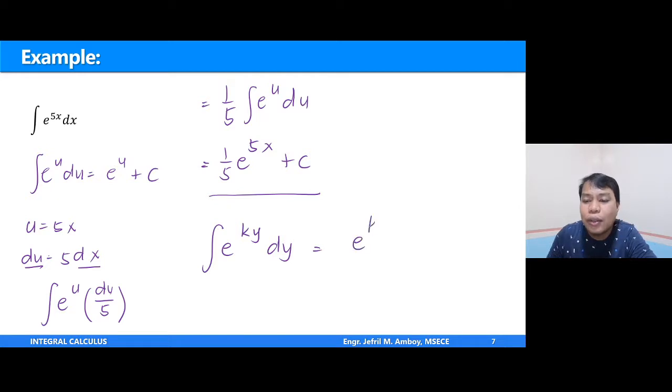Yan ay e to the ky pa rin, kaso nga lamang over k. Hindi over 5, sorry. Over k and then plus c. Di ba? Madali lang. Again, kapag may multiplier dito, yung multiplier dyan, magiging divisor doon sa sagot. No? Okay, next.